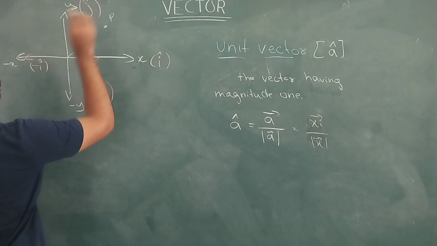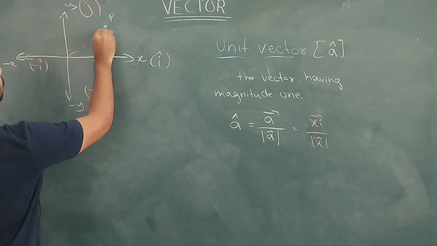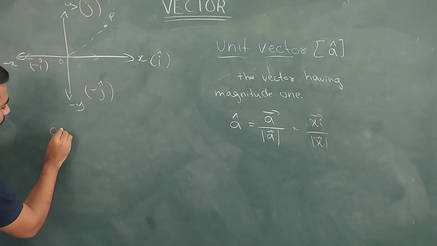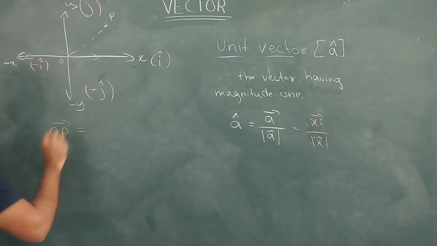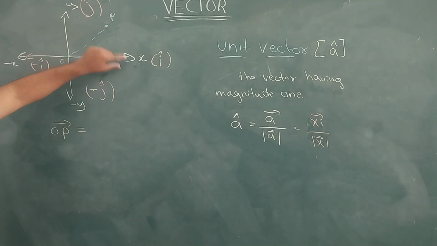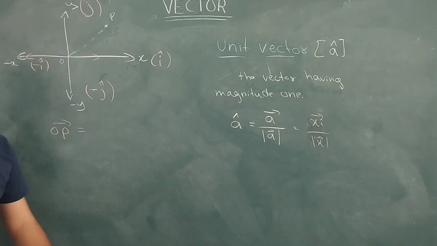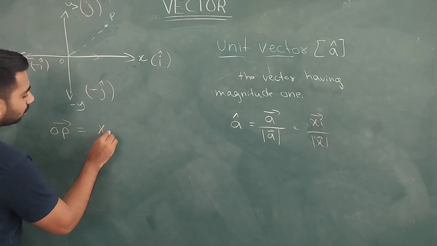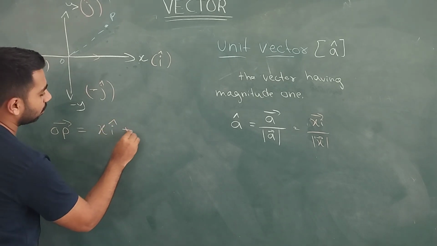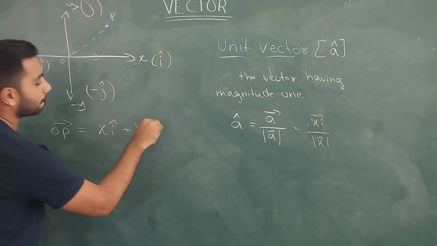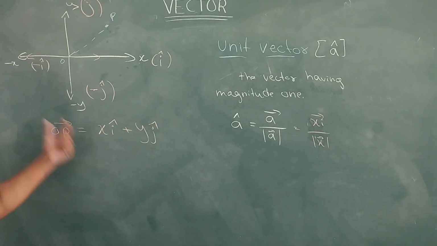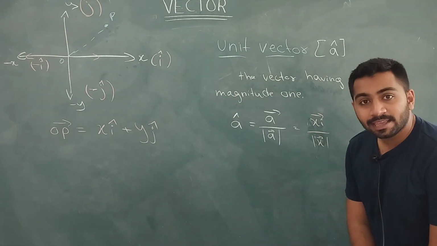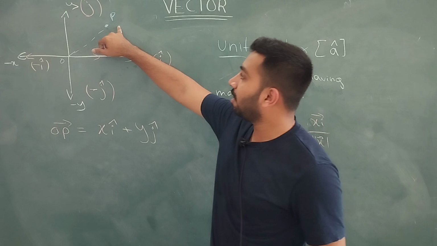Let us take point P. Now from point P, the vector PO is equal to the sum of this. I am talking about this one. Okay, simple. This vector has some.